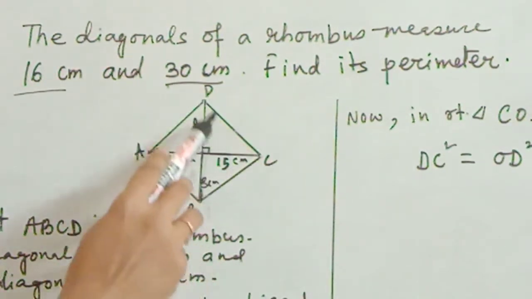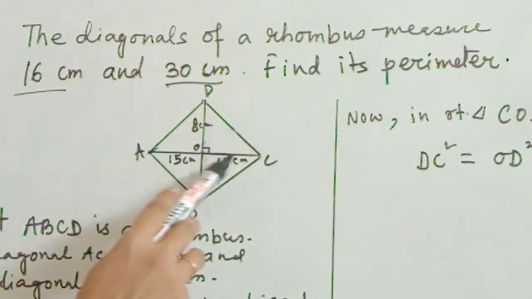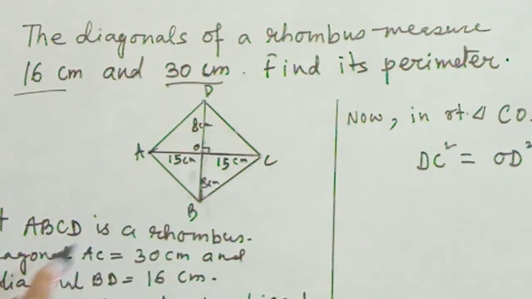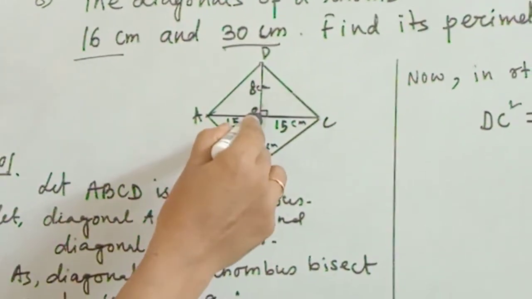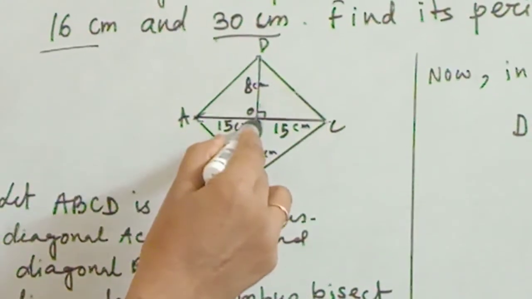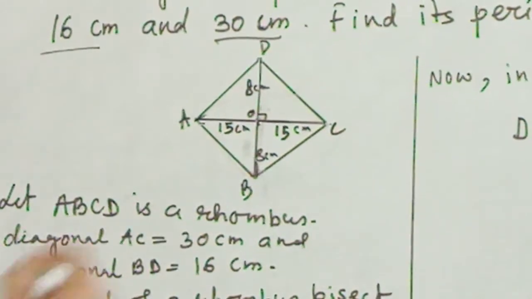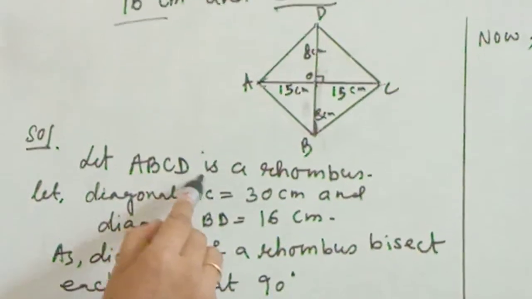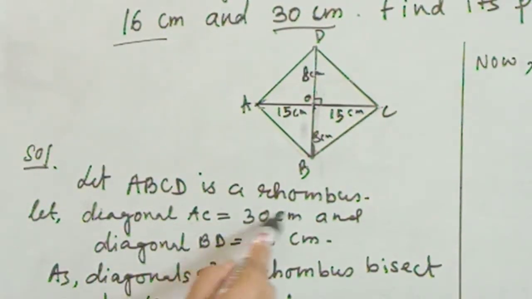Now we know that when the diagonals of a rhombus intersect, they bisect each other at right angle. When the two diagonals meet, they will meet at their midpoint, making a 90 degree angle. In higher classes you will learn more about it. Now let ABCD be a rhombus and its diagonal AC is equal to 30 centimeter and BD is equal to 16 centimeter.